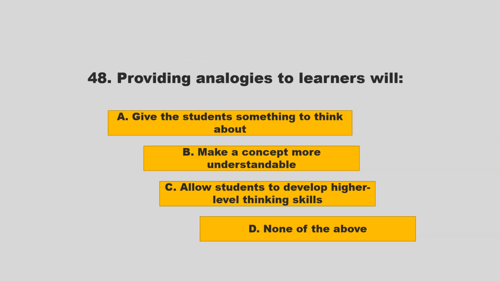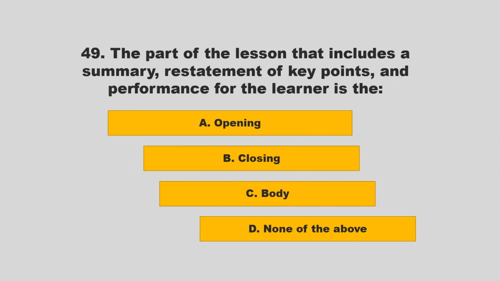Providing analogies to learners will give the students something to think about, make a concept more understandable, allow students to develop higher level thinking skills, none of the above. If you chose B, make a concept more understandable, you are correct.